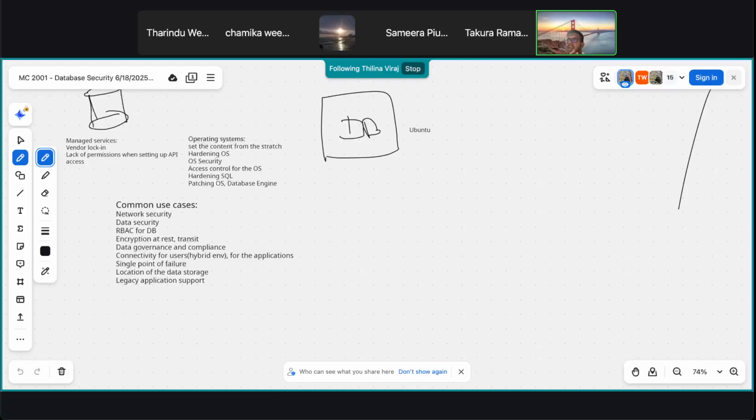Try to get at least 1 or 2 into the table. We can get a few more things into the table if you can.